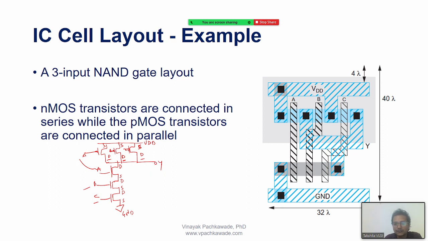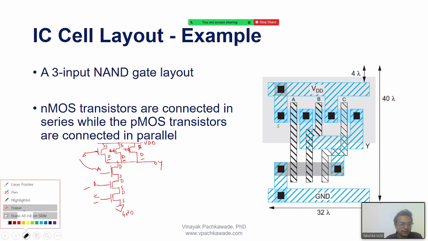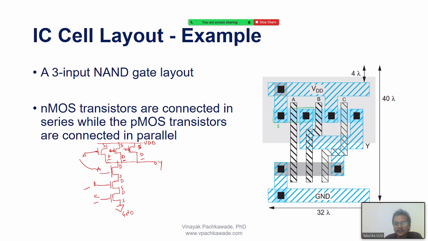So what I see here, I just try to understand what is my schematic. So here is my source, drain, and then again, this is drain, source, no, one second. Okay, wait, yeah, this is my single transistor.